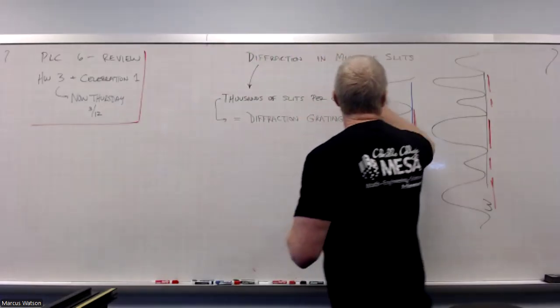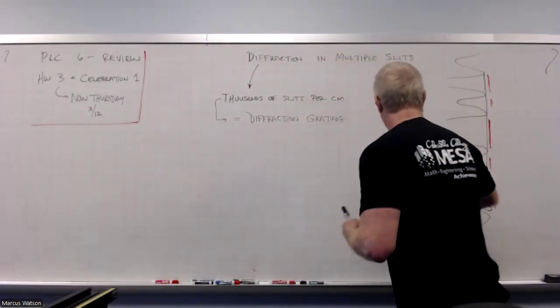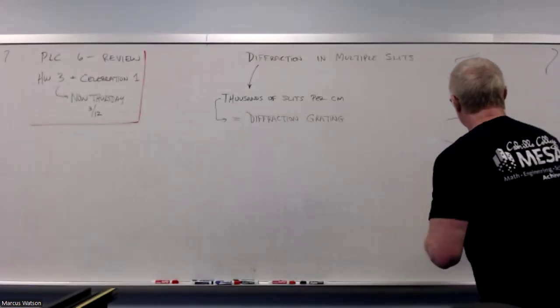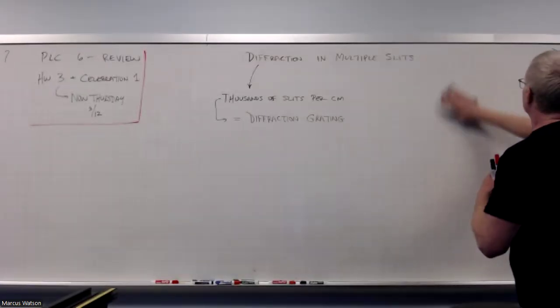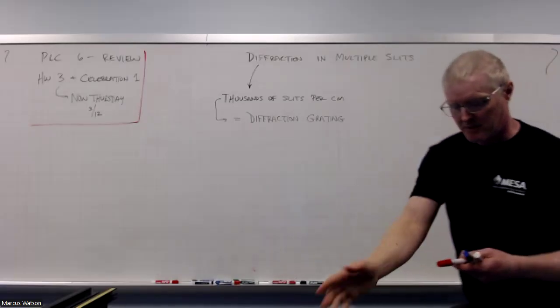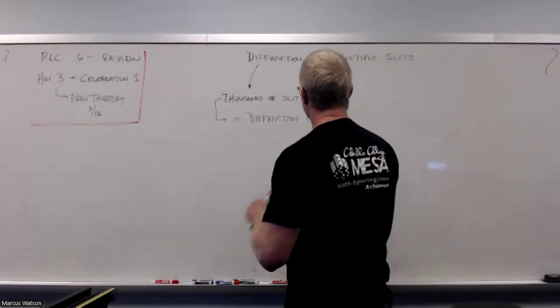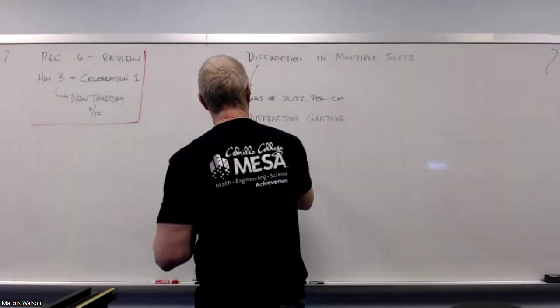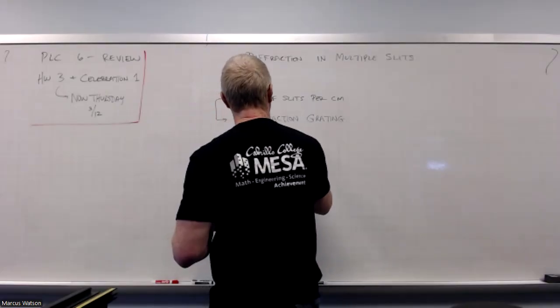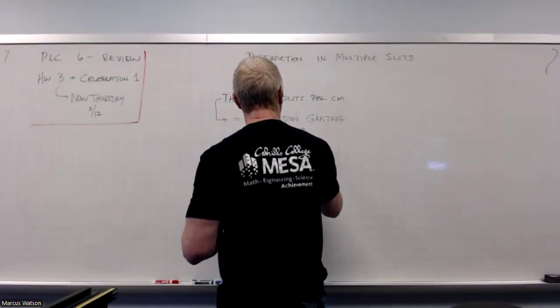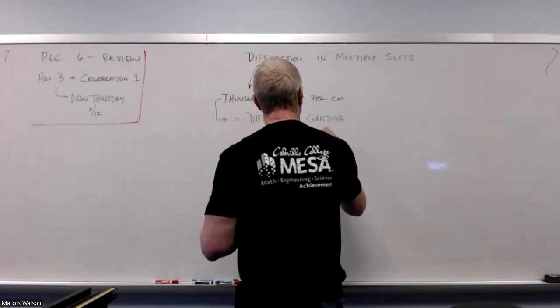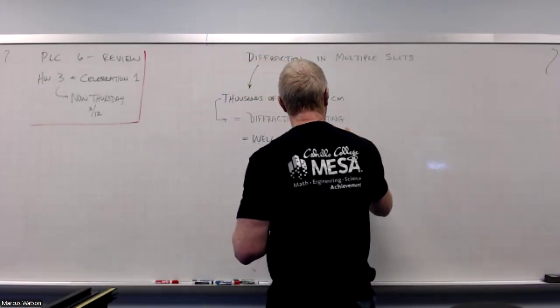Okay, so with a diffraction grating, we get very well-defined maxima. And not much in between those. And so where are the maxima?